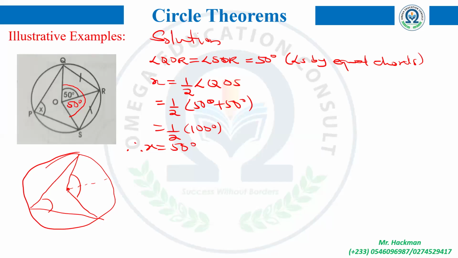To avoid confusion, if I say QOS, QOS could be this angle, it could be this angle as well. I hope you get my point. If you are referring to this particular angle, you just mention QOS. But if you are referring to the angle here, you have to attach something that will make us know you are referring to this angle.